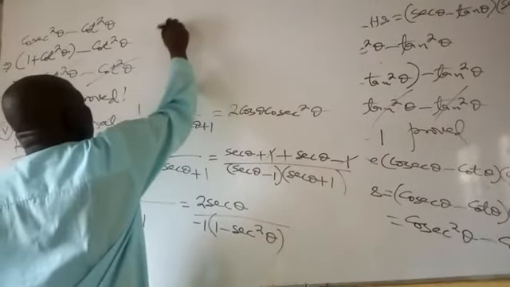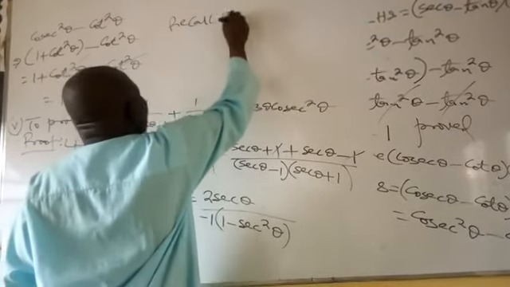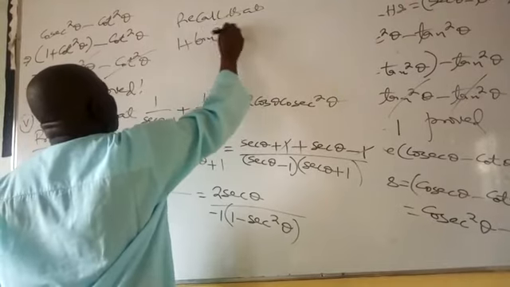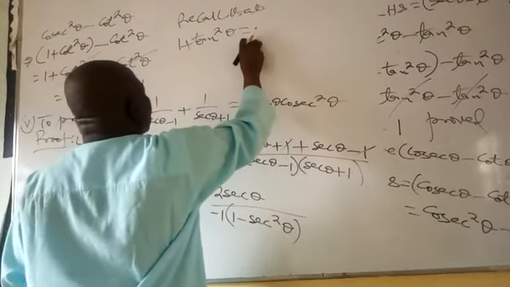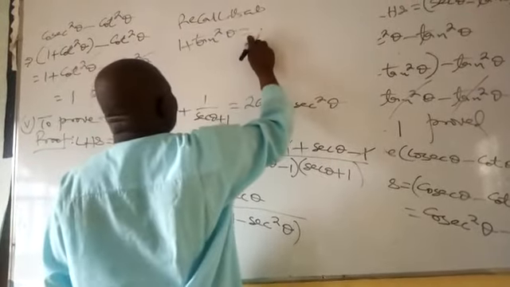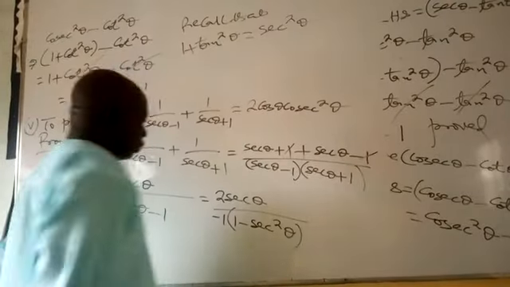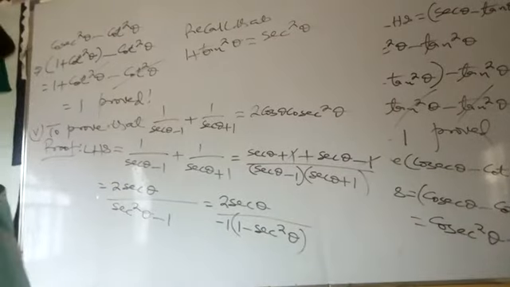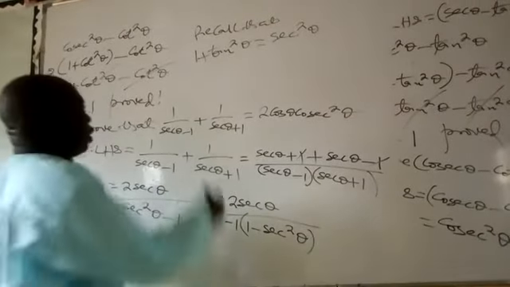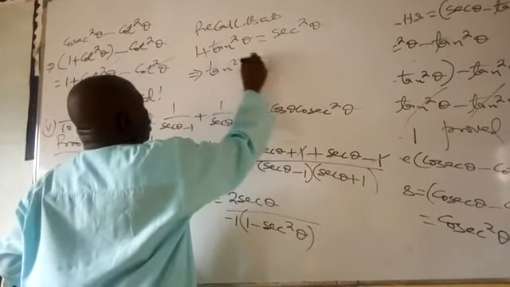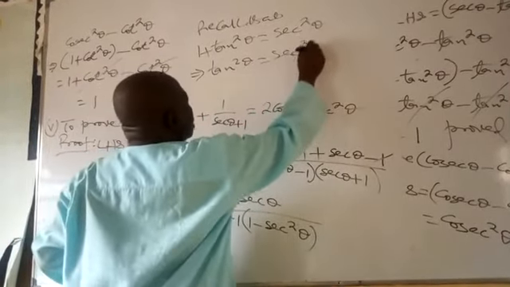Recall that 1 plus tan square theta is equals to sec square theta. Then if I make tan square theta the subject of the formula, I have tan square theta is equal to sec square theta minus 1.